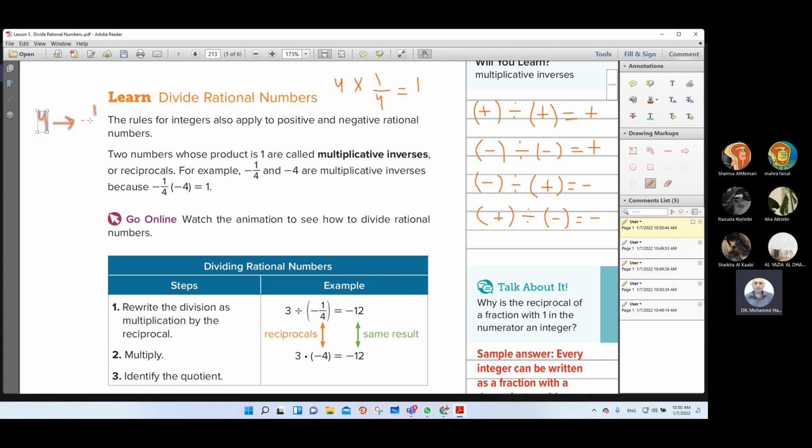It will be 1 over 4. What is the reciprocal of 2 over 5? It will be 5 over 2. For example, negative 1 over 4 and negative 4 are multiplicative inverses because negative 1 over 4 multiplied by negative 4 equals 1.